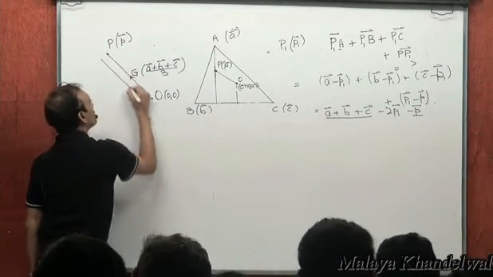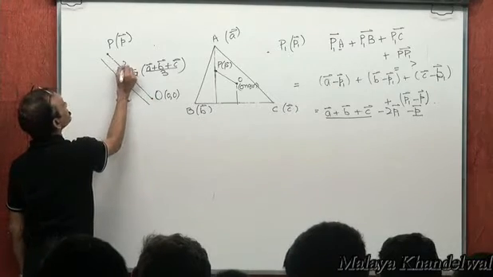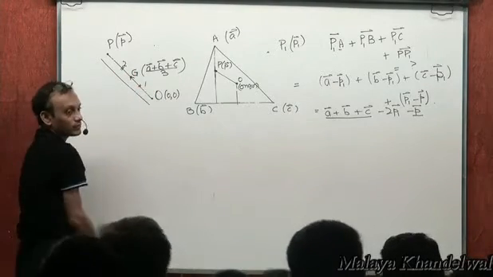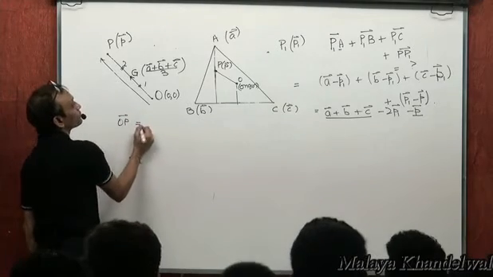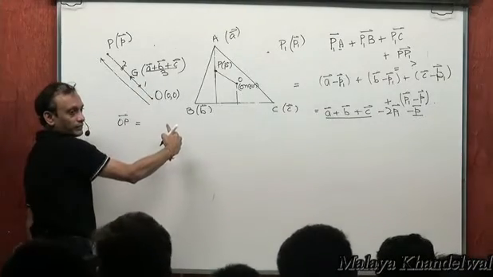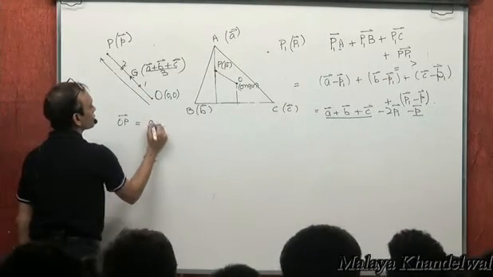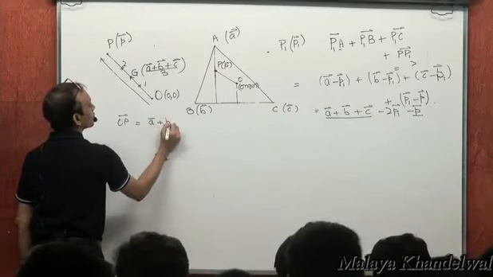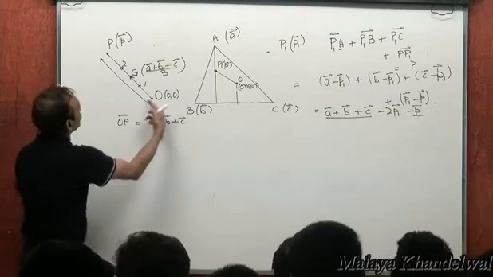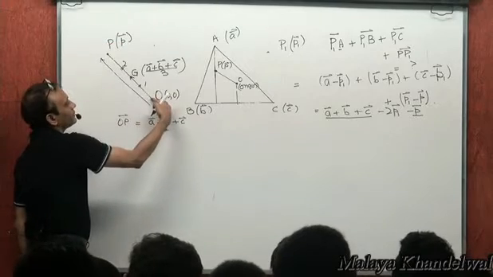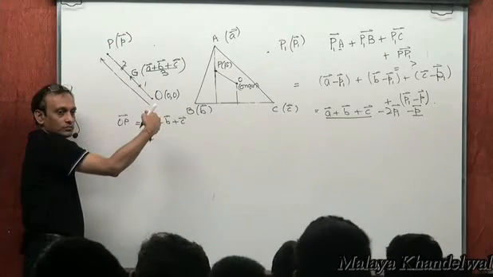The centroid divides it in the ratio 2:1. Therefore, the vector OP is going to be what? 3 times OG. The vector OP will be 3 times the vector OG. Can you see that?